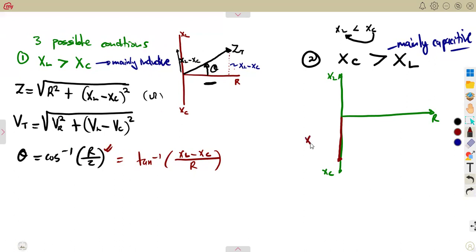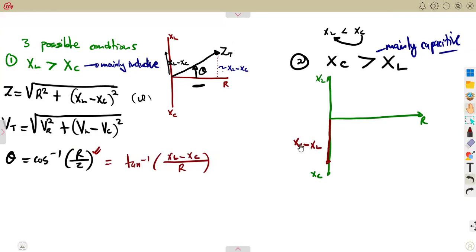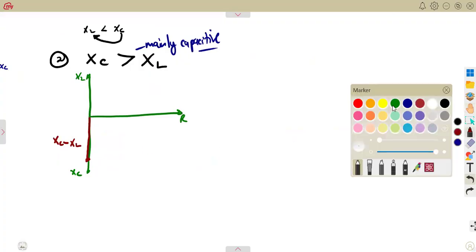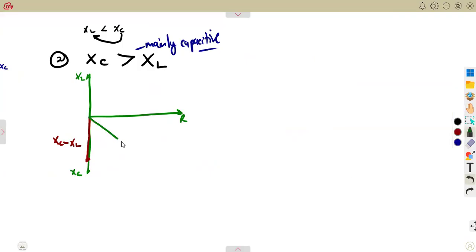That difference is called XC minus XL because it's more capacitive, which corresponds to the total impedance. So you'll be having your total impedance separated by the angle theta. So that's the condition.